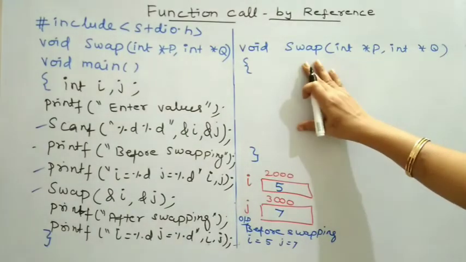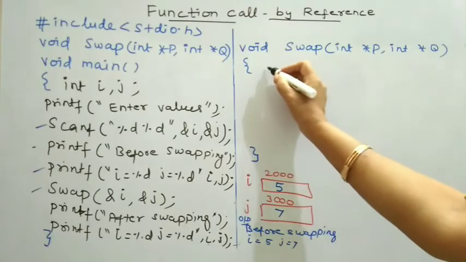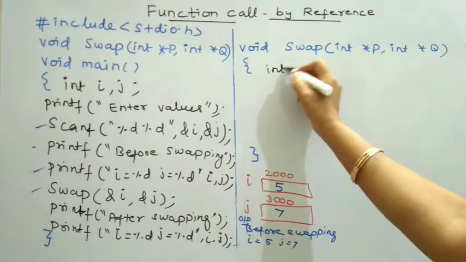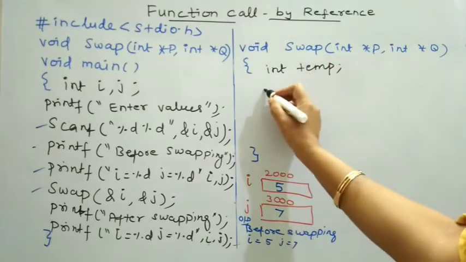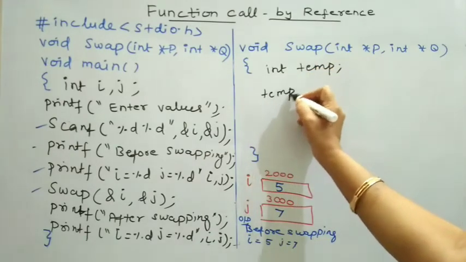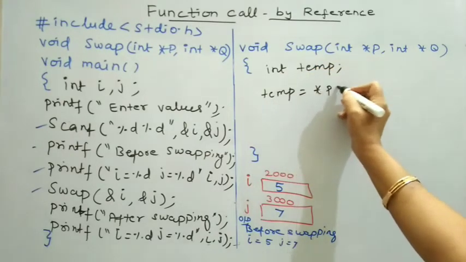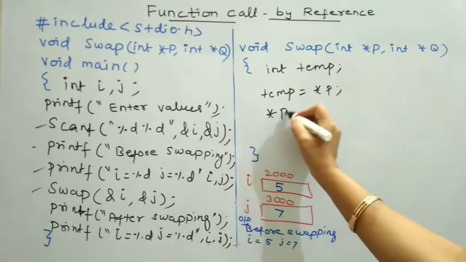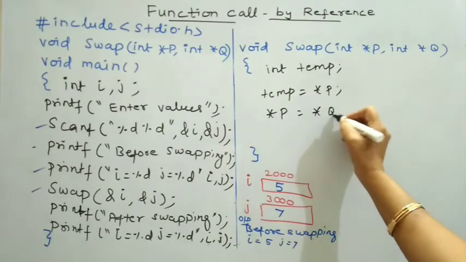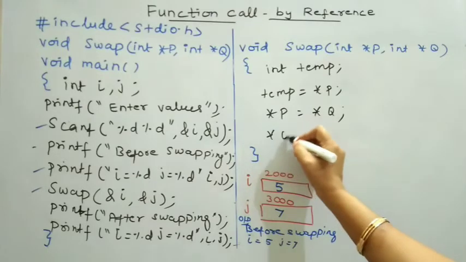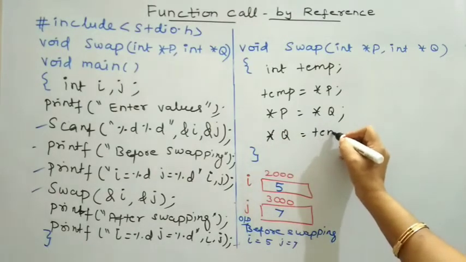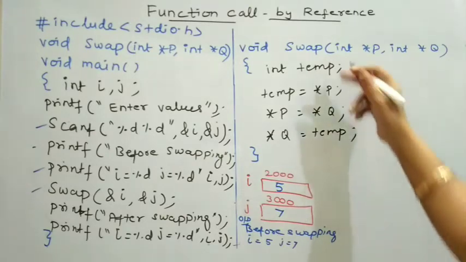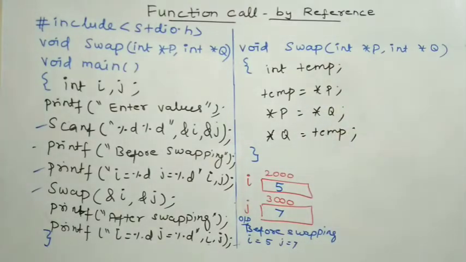The statements inside the function definition swap are: I have declared an integer variable temp. temp takes the value of *p, *p takes the value of *q, *q takes the value of temp. So these were all my statements inside this swap function.